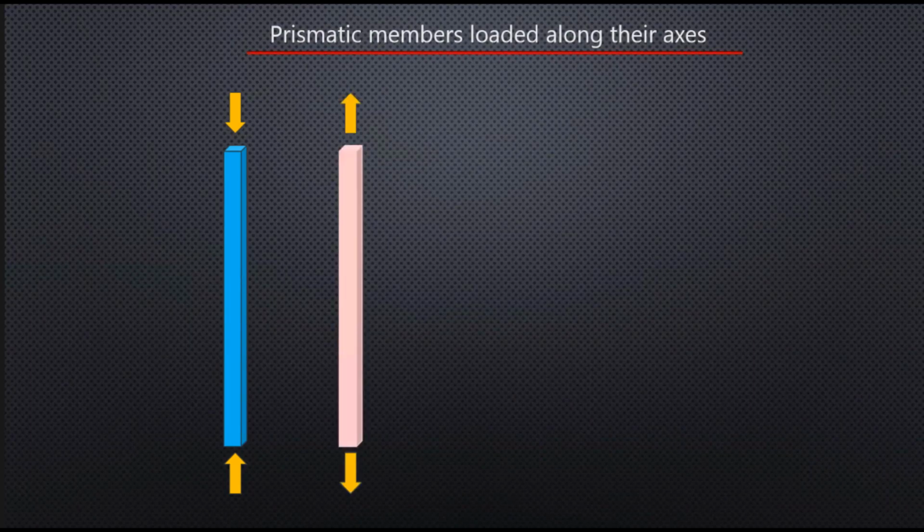Now, if we go to the next one, same load parallel to the longitudinal axis of a prismatic member, but then it is applied in a direction in which the centroidal axis gets extended, right? So we call this a tension.